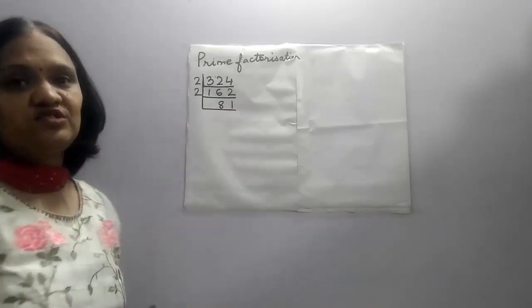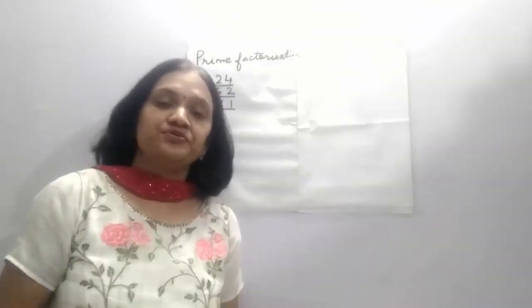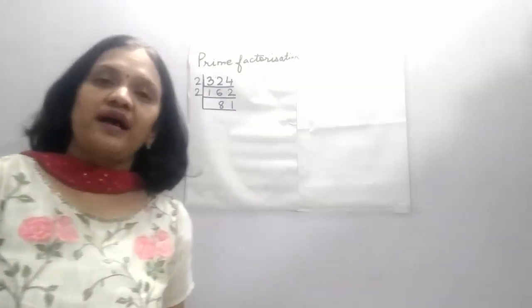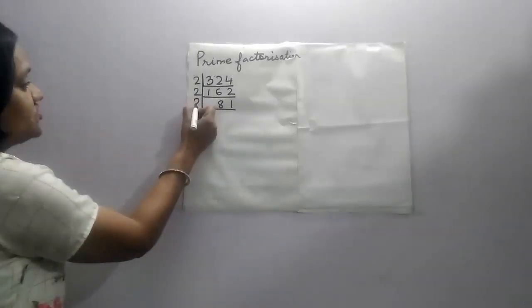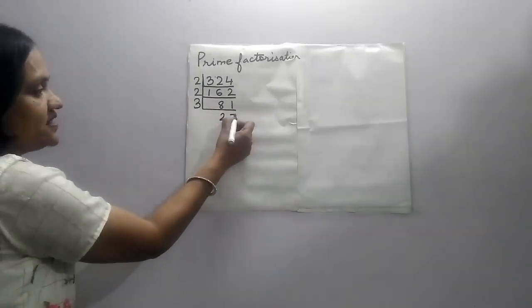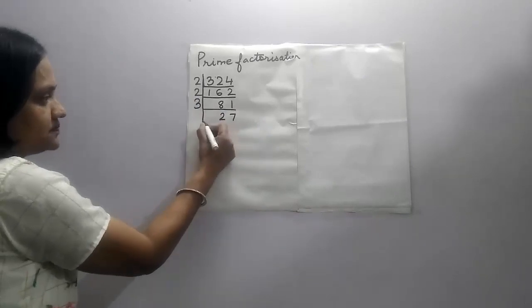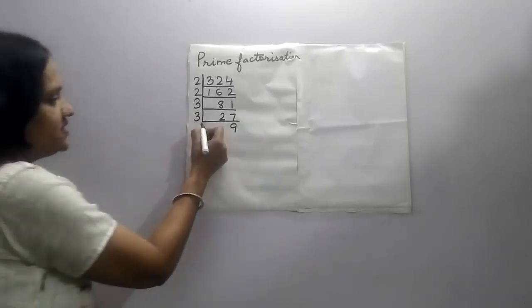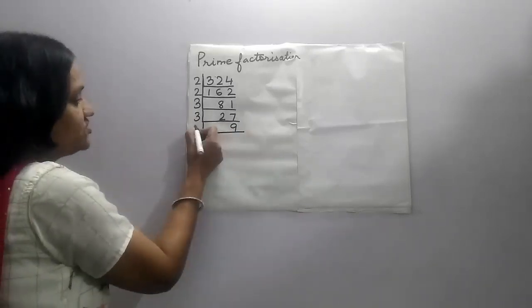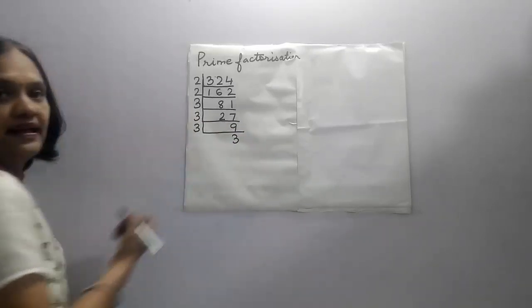Now 81 is not divisible by 2, so let's try to divide it by the next prime number, which is 3. 3 into 27 is 81, 3 into 9 is 27, and 3 into 3 is 9.